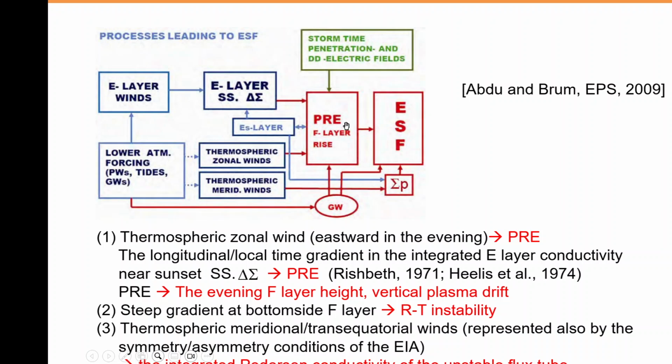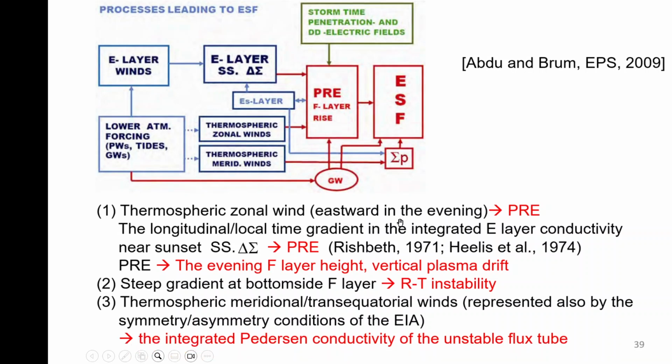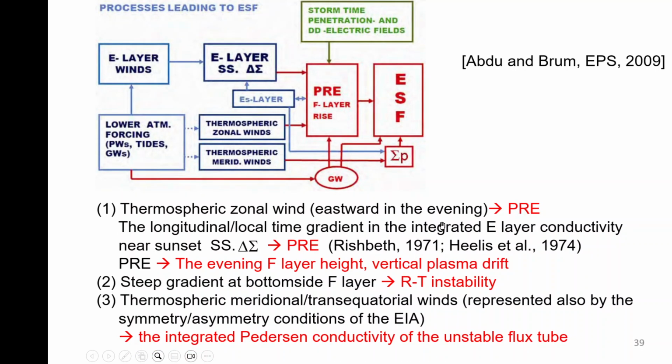The PRE is related to the E layer, to the zonal wind, and so on. Lower than that, of course, there are some gravity waves or tides that affect it. For both E layers, it affects the PRE and the gradients at the bottom side F layer. It creates this type of instability.